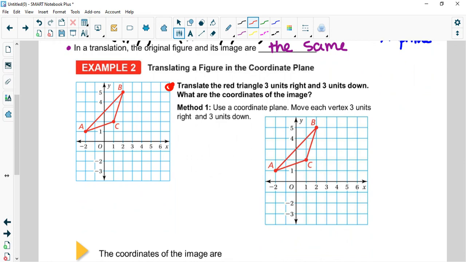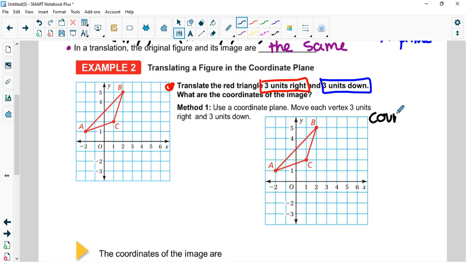Here it states to translate the red triangle 3 units to the right and 3 units down. What are the coordinates of the image? For our first method, we're going to do this by counting the spaces.